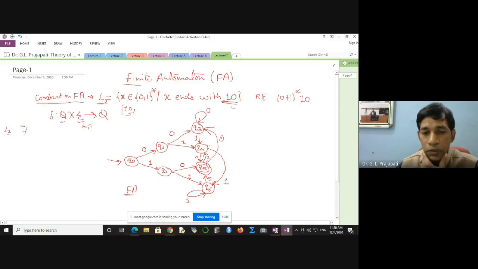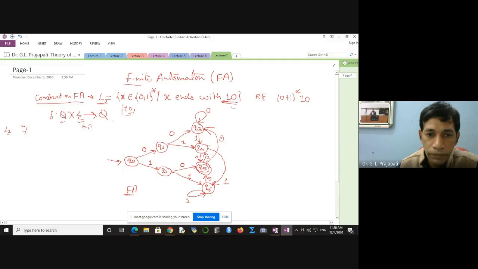Okay, so you have 7 states: 1, 2, 3, and 4, 5, 6, and 7. So in every layer you say this is 1, here you have 2, and here you have 4.